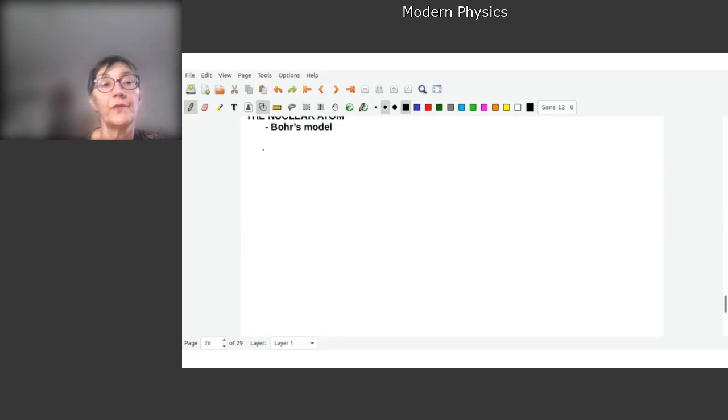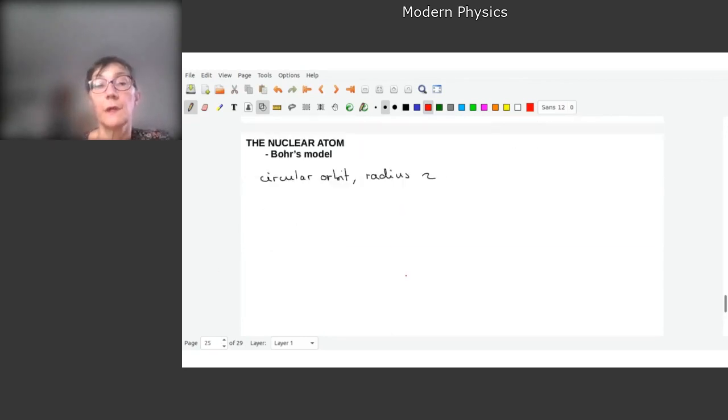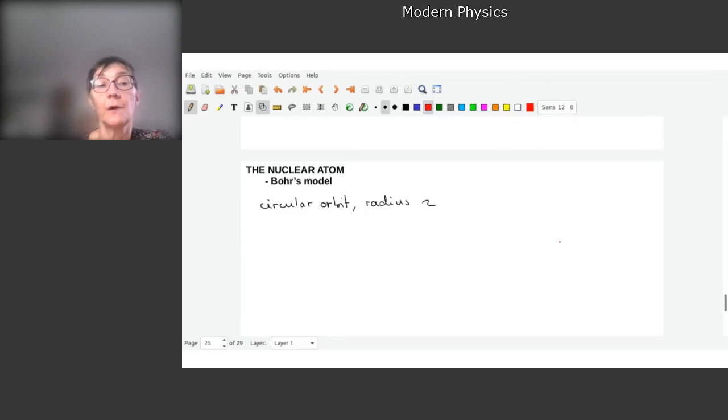So you have a circular orbit of radius R, so this is what I hide here, R, this will be this one, the distance between the nucleus and the electron.